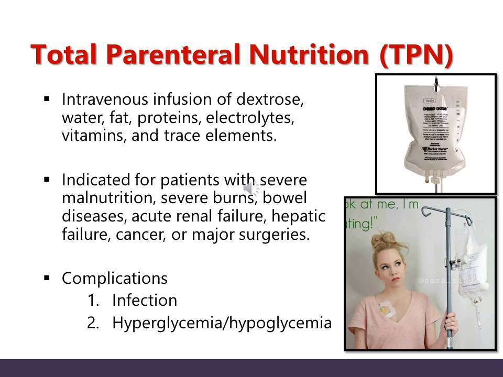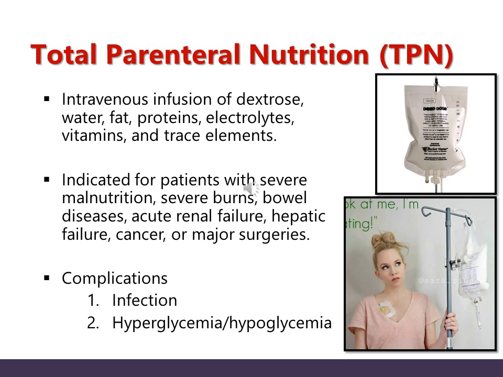Normally, TPN or total parenteral nutrition is indicated if your patient has severe malnutrition, severe burns, bowel diseases, acute renal failure, hepatic failure, cancer, or major surgeries. These are the indications of total parenteral nutrition.